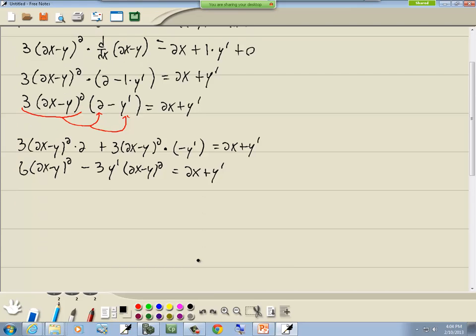Now we're solving for y prime, so we'll get everything with y prime on one side. So I'll take this negative 3 y prime (2x minus y) squared to the right side, and I'll take this 2x to the left side. So I'm going to have 6 times (2x minus y) squared minus 2x equals y prime plus 3 y prime (2x minus y) squared.